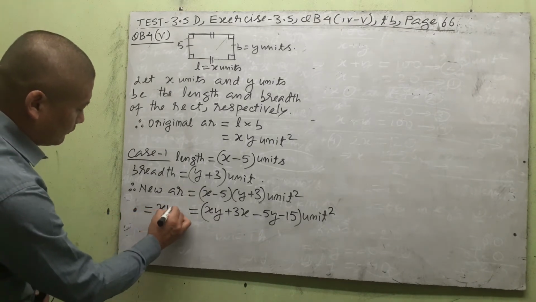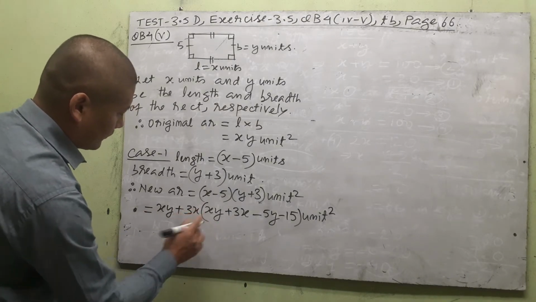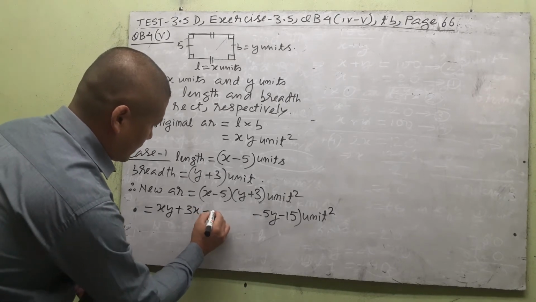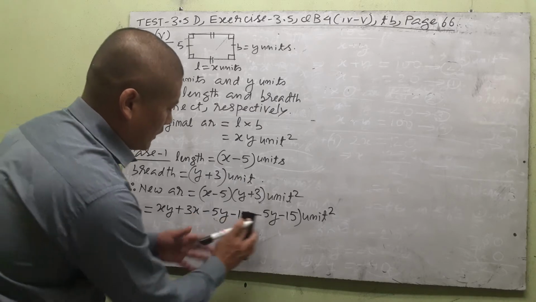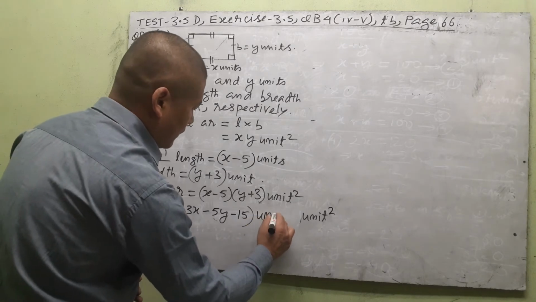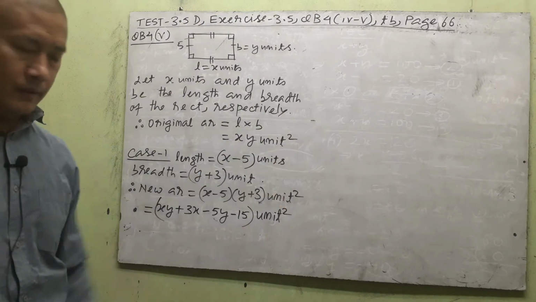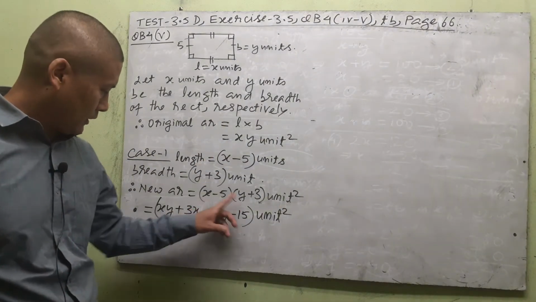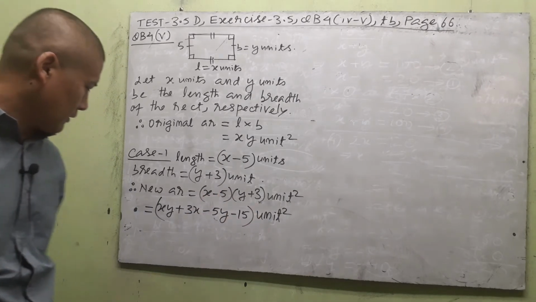So xy plus 3x minus 5y minus 15 unit square. You don't need to do that, okay? If you had already written xy, 3x minus 5y minus 15, let me check once.